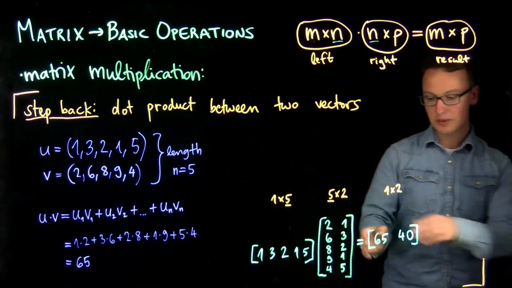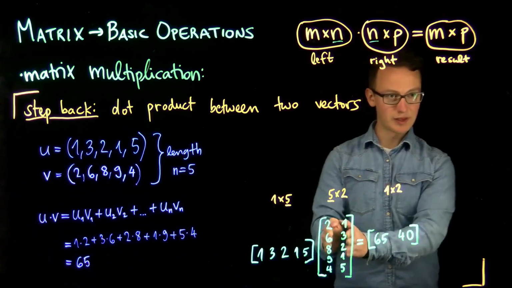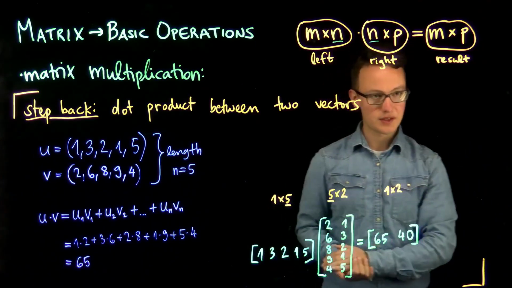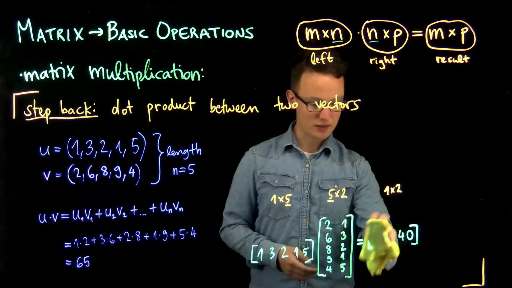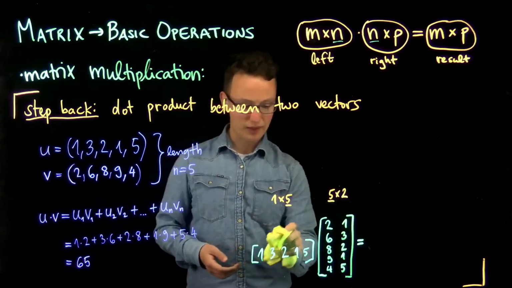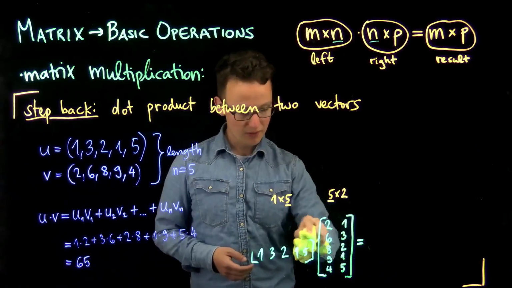And as we saw, we already extended the number of columns on the right side of the multiplication. We can also do the same thing to the number of rows on the left side of the multiplication. So let's say I'm deleting this result again, and we will have kind of the same matrix, but we will add another row on top.